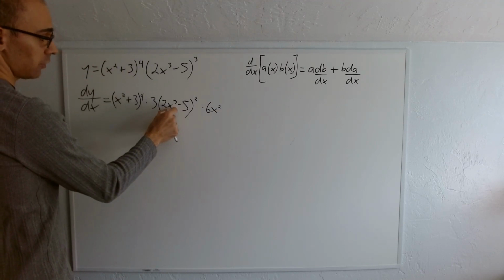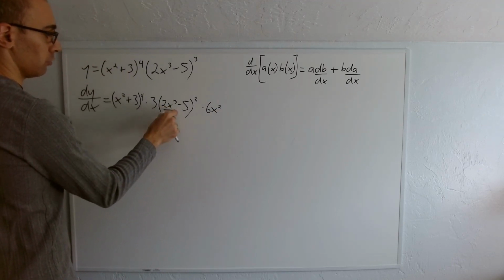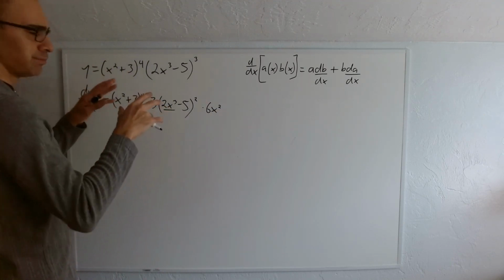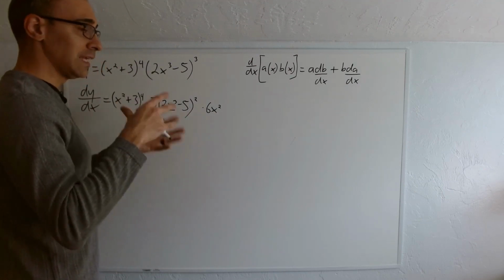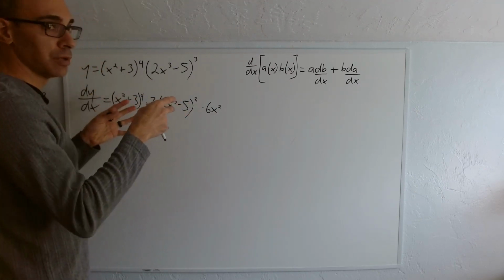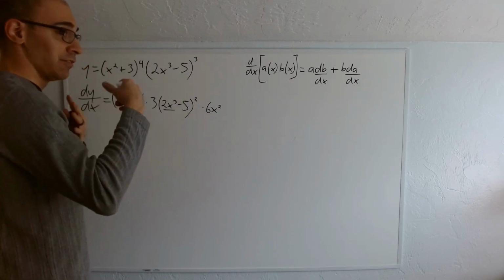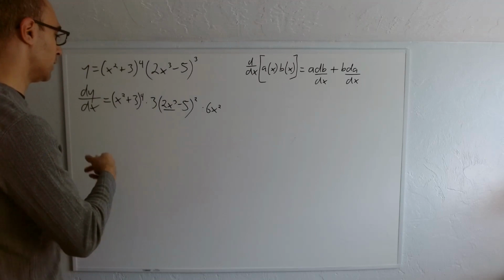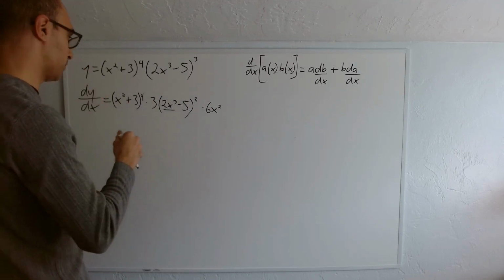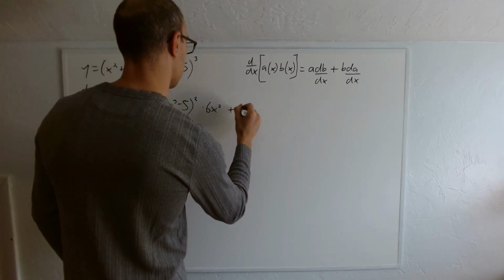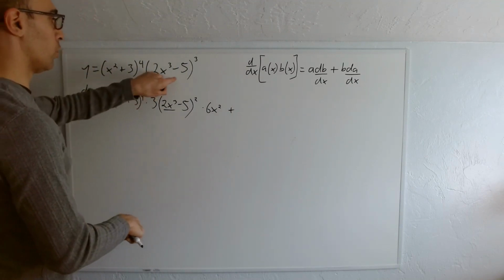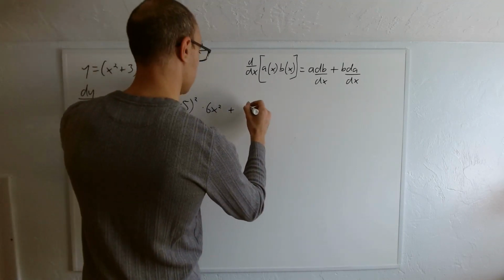Because inside here, this little piece, we have exponent rule again. So with derivatives, you start seeing layers. You have product rule, but then nested inside of that is exponent rule, and nested inside of that is another exponent rule. But this is how we get good practice. Okay, now, plus, this time we're going to hold this piece as a constant.